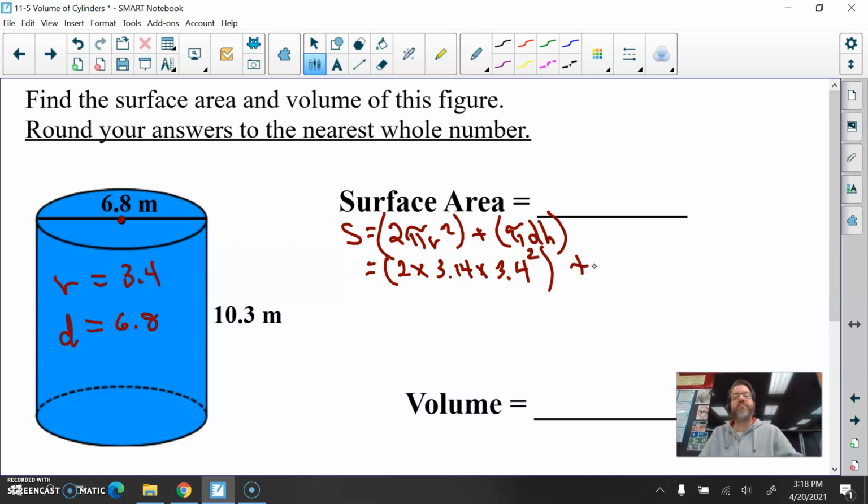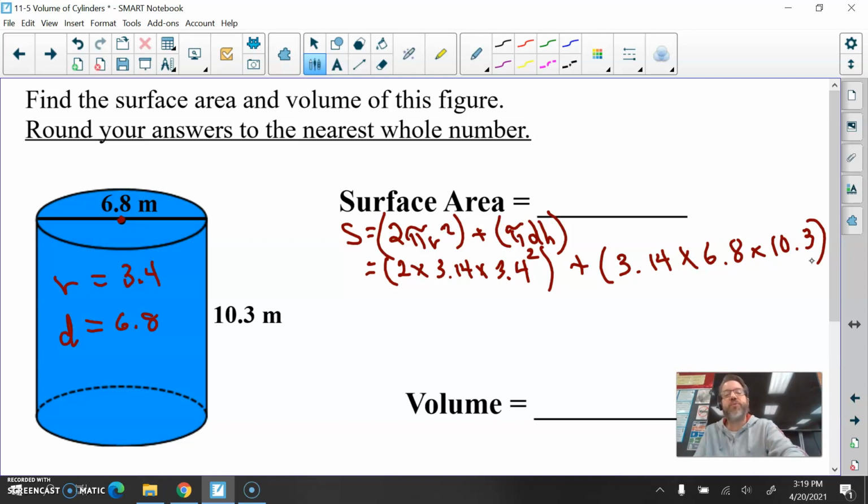Plus, and then over here I have pi, 3.14, times d, the diameter, which is 6.8, times h, the height, which is 10.3. Surface area takes a lot more time than volume, doesn't it, to find it? It's not difficult. We just have to be careful now when we enter all of our numbers into our calculators.